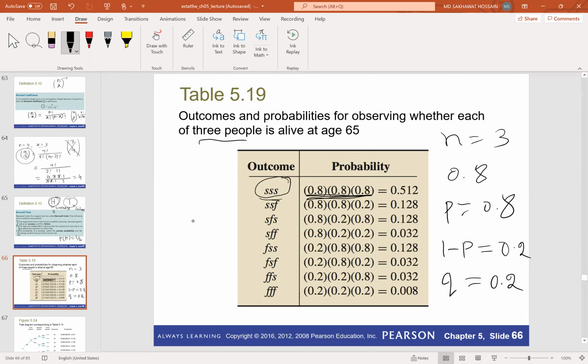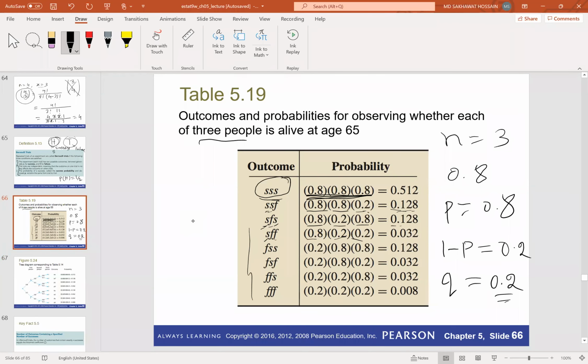And similarly, the first 2 persons are alive and the third person is dead. So that means 0.8, 0.8, and the probability of failure is 0.2, right? So we multiply with 0.2, and this is 0.128. And here the first one is success, failure, success. So 0.8, 0.2, 0.8. So 0.128. And here success, failure, failure. So 0.8 times 0.2 times 0.2. And so on.